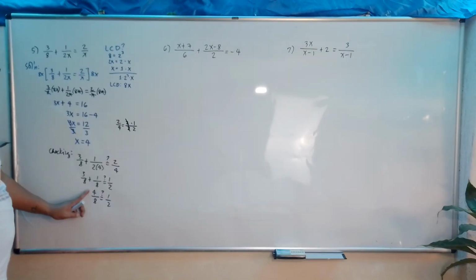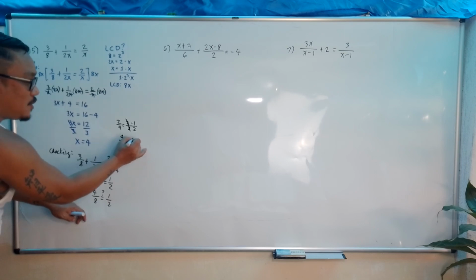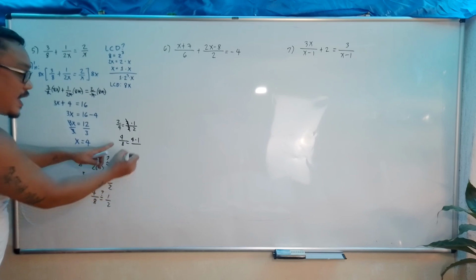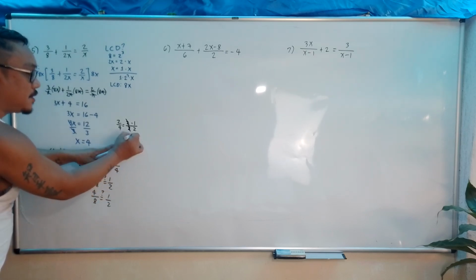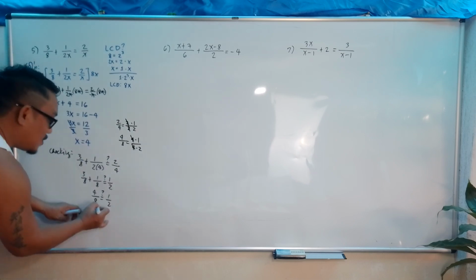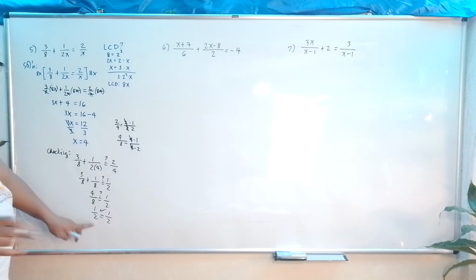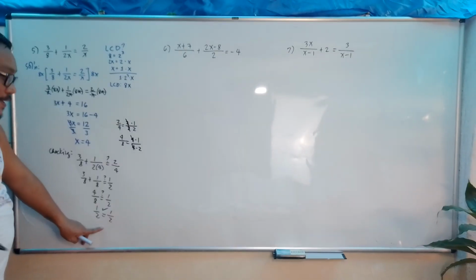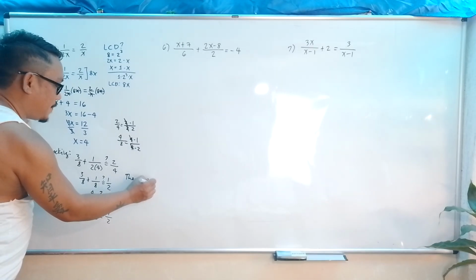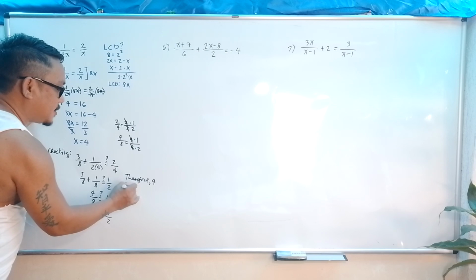But, what is 4 over 8? Diba, si 4 over 8 can be reduced to its lowest form. 4 is equal to 4 times 1, while 8 is equal to 4 times 2. So, meaning to say, si 4 over 8 is just equal to 1/2. So, it follows that equal sila. Kung sabot pa sabot. Therefore, 4 is a solution.